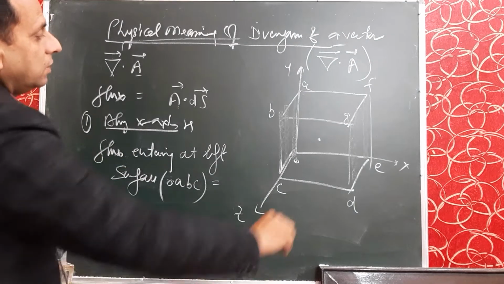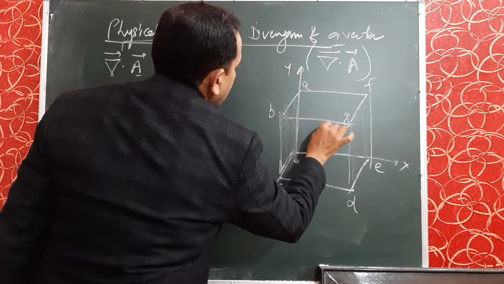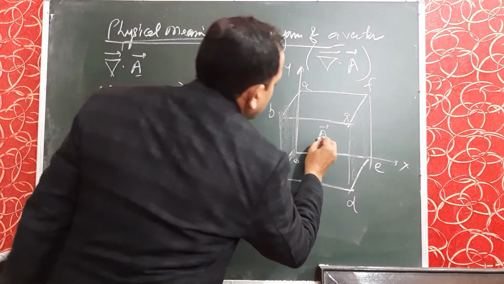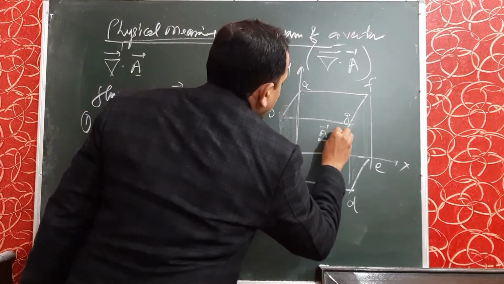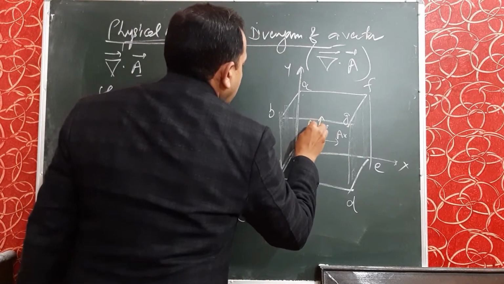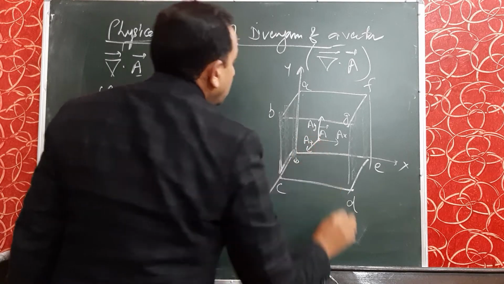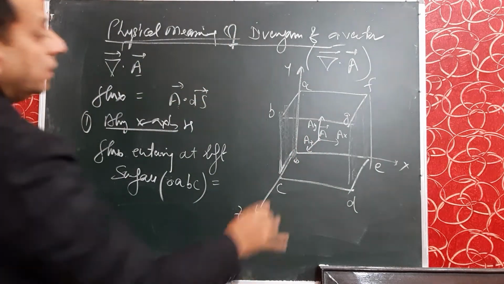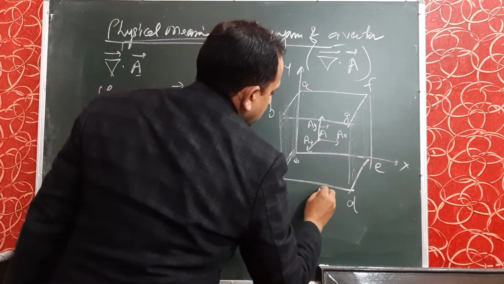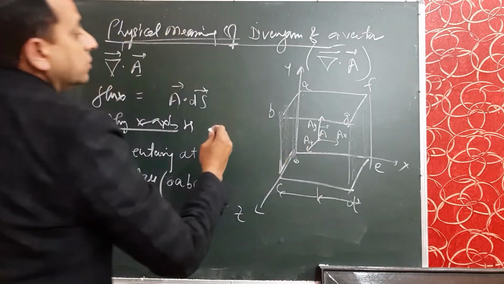So what is flux? Let at this point, at the center, the vector be vector A. If we split this A vector into three components, then along the x-axis the component is Ax, along the y-axis the component is Ay, and along the z-axis the component of that vector is Az. So it is lying at the center. From the center this surface is at half distance, and it is again at half distance.